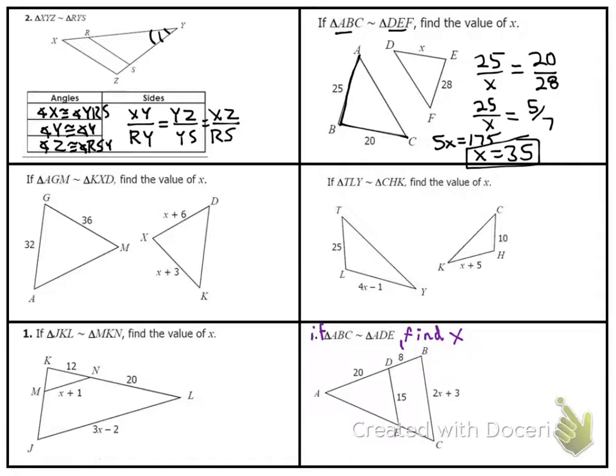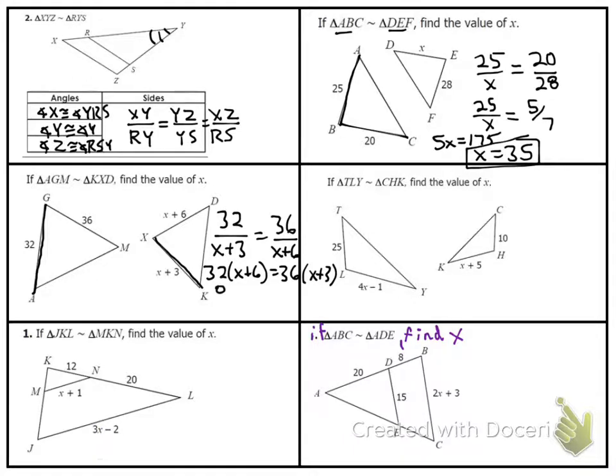Next problem, we have AG is 32. 32 is to KX, their first and second letter, so that's over x plus 3. And then 36 over x plus 6. Now I'm going to do cross product. We get 32 times x plus 6 equals 36 times x plus 3. Now I don't want to make it more complicated to solve here, but what I can do is divide the 32 and the 36 each by 4.